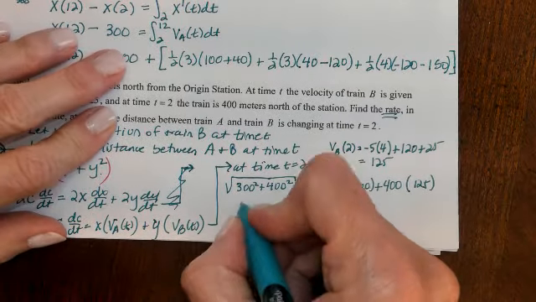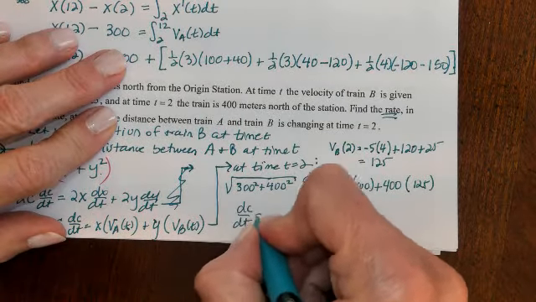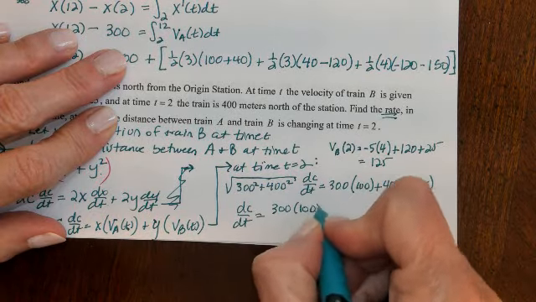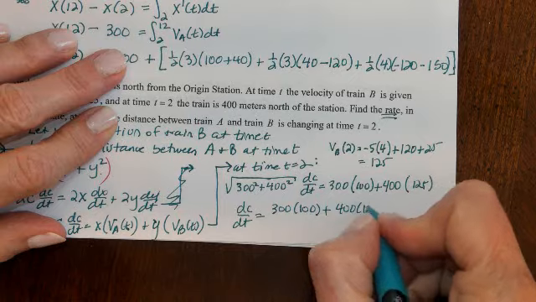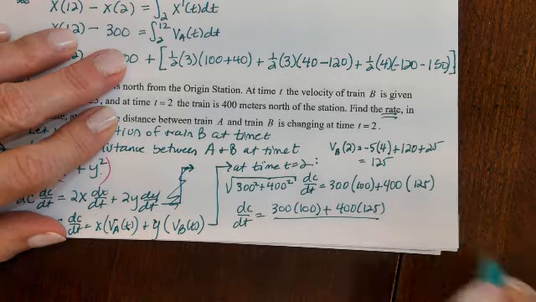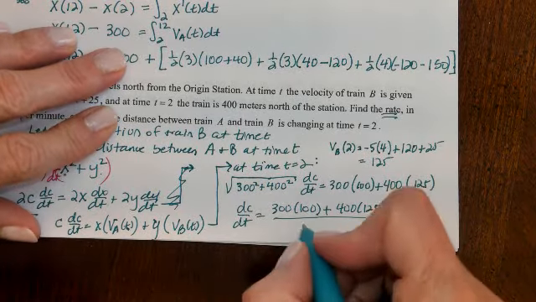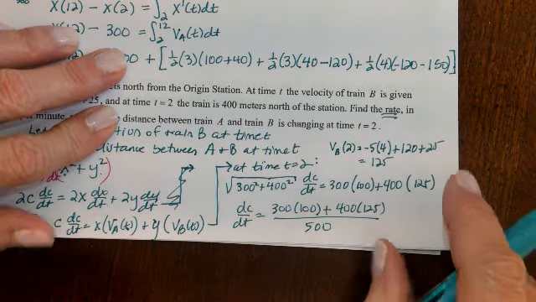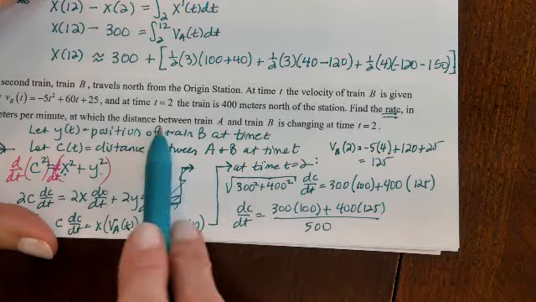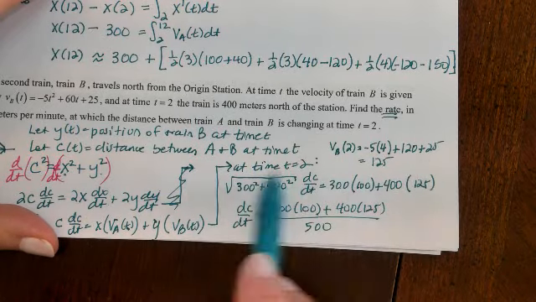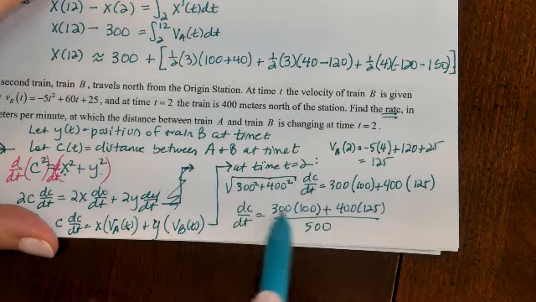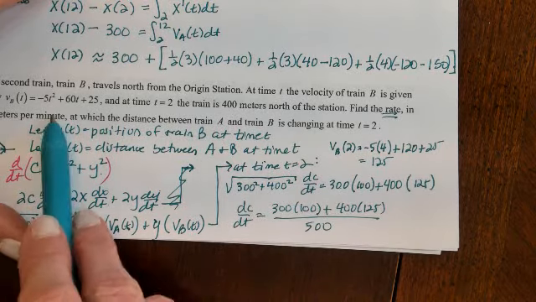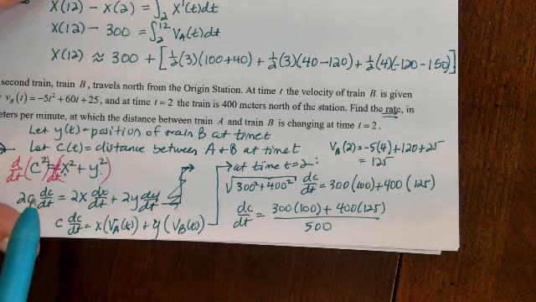And so dC/dt is equal to 300 times 100 plus 400 times 125, divided by that square root, which is 500. Do I need to give units? They don't ask for units, so it's safe not to give units here. But they gave you the units, meters per minute, so we didn't have to repeat that.